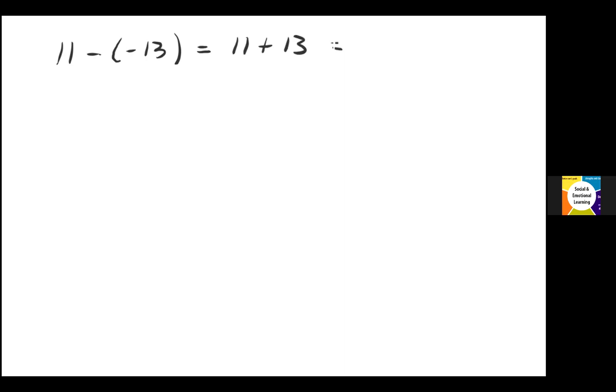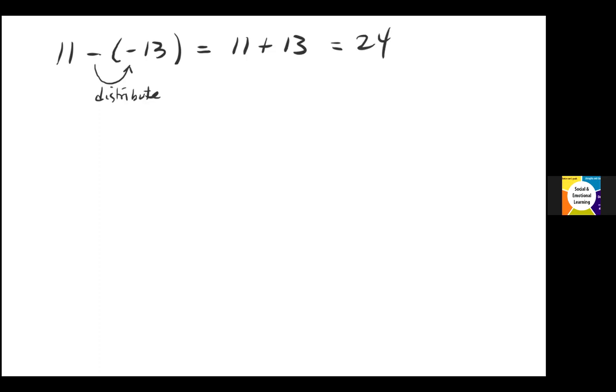Because we distributed this negative into there, a negative times a negative. Right. Which we can add together as 24.